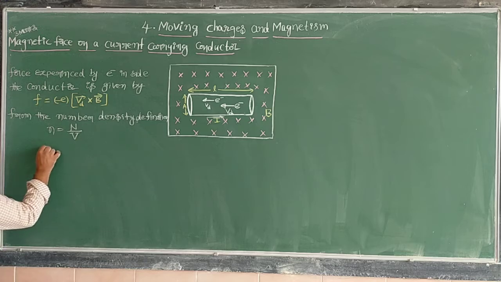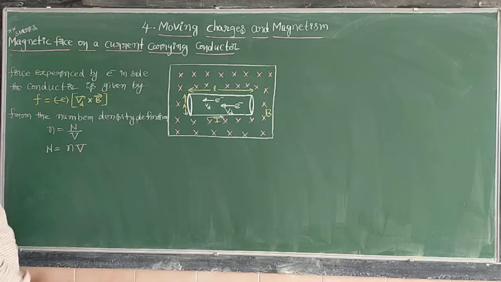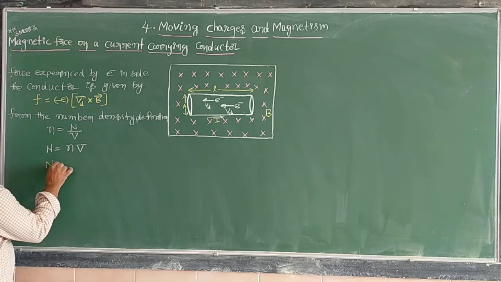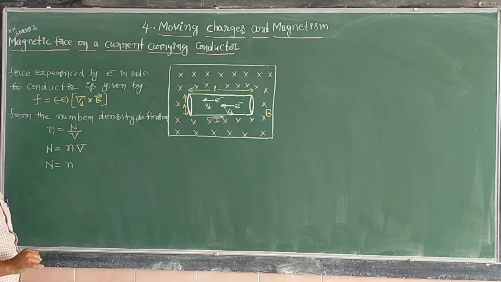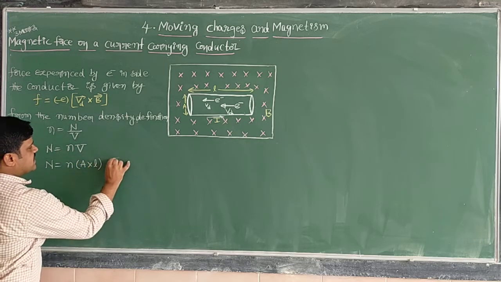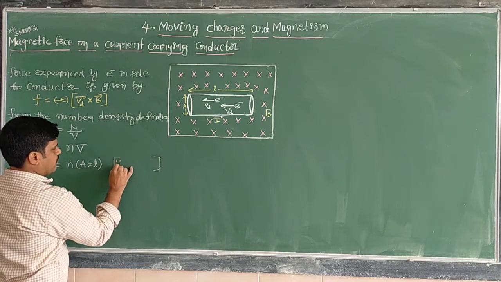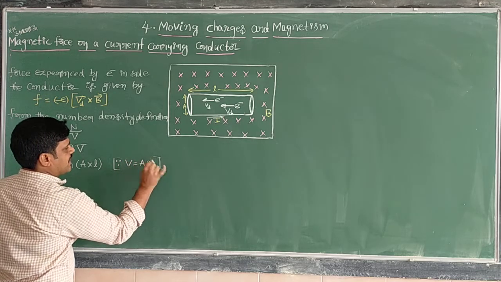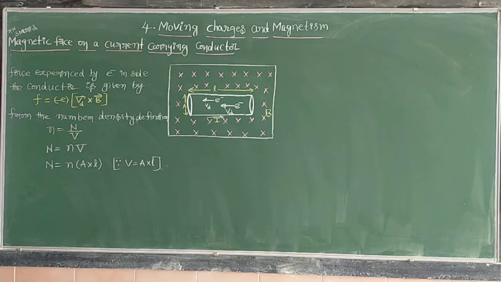Now from this, capital N is equal to small n into V, where V is the volume. Volume is equal to area into length, so N is equal to n into A into L. Totally N number of electrons are available here.